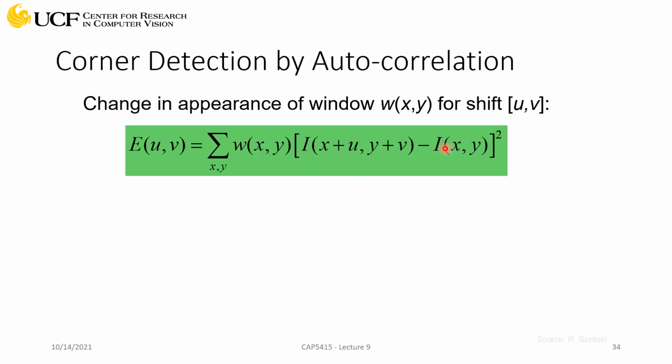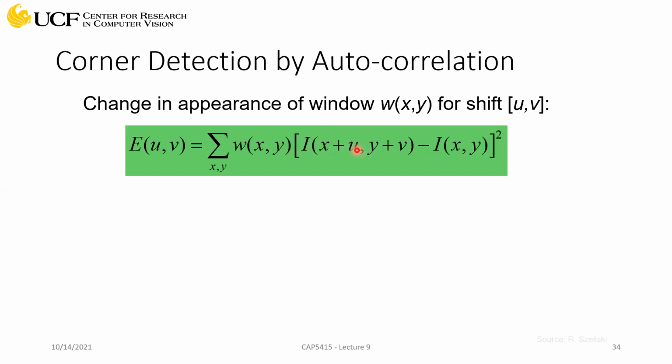Now if you look carefully, I is the image, right? And (x, y) is any particular location for which we are computing the autocorrelation. So I(x, y) is going to give you the intensity of that pixel. And this first term over here, again, is going to give you intensity, but this is not the current pixel.